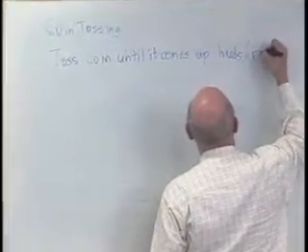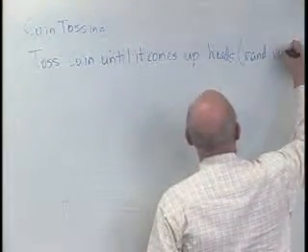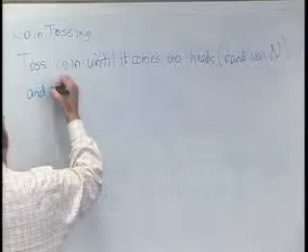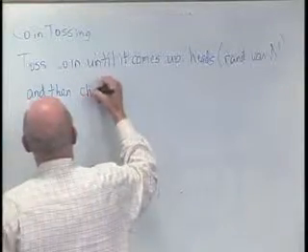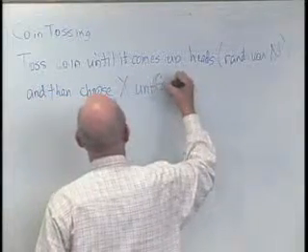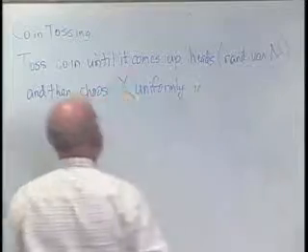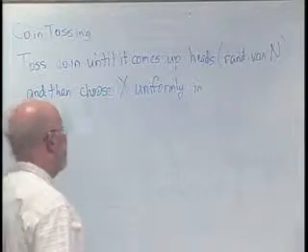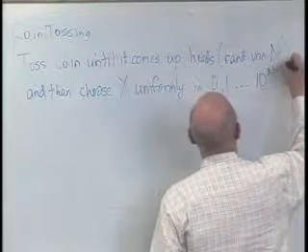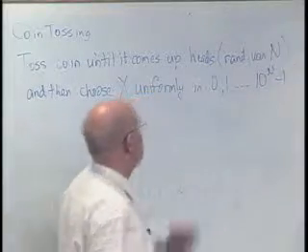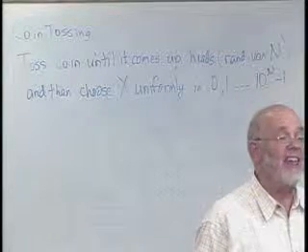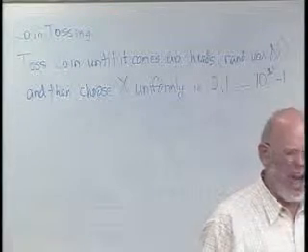This is the random variable capital N, and then choose a random number x uniformly not in 1 up through 10 to the nth, but in 0 up through 10 to the nth minus 1, so that none of the numbers that you can choose have more than n digits.